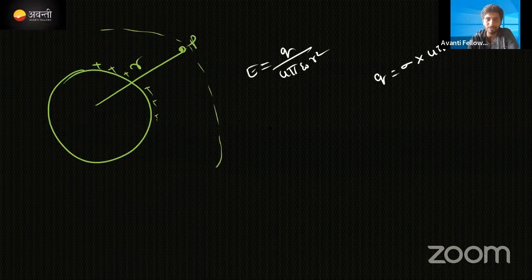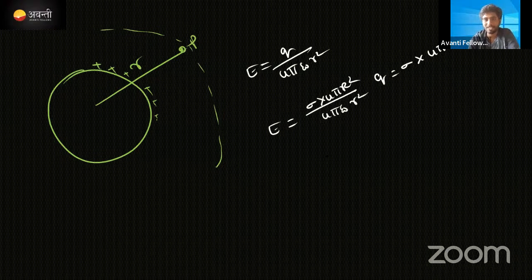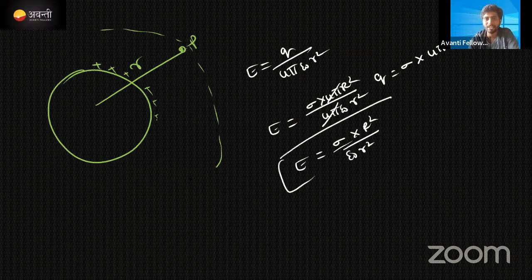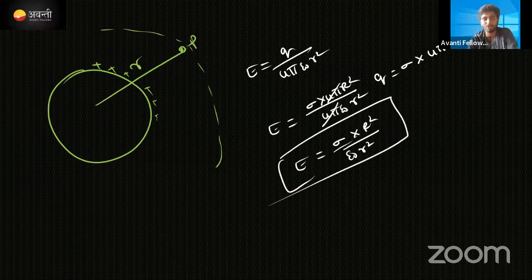If I substitute this value, we get E equal to sigma into 4 pi R square divided by 4 pi epsilon naught into r square. The 4 pi cancels, then the electric field intensity becomes sigma into R square divided by epsilon naught r square. Clear? Look, this is a simple method to find the electric field intensity.